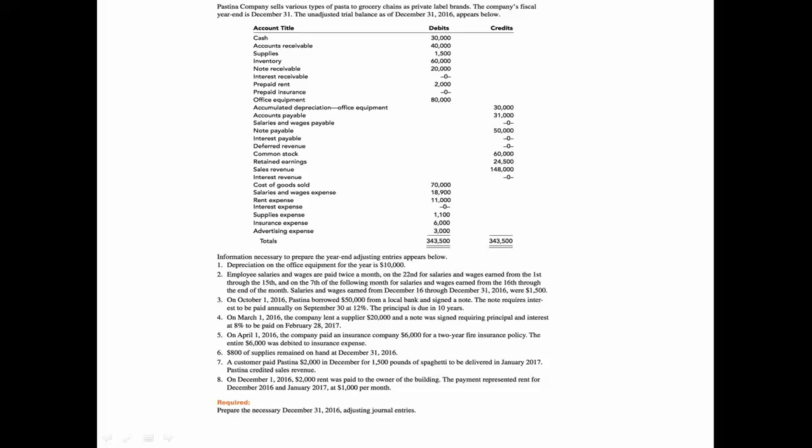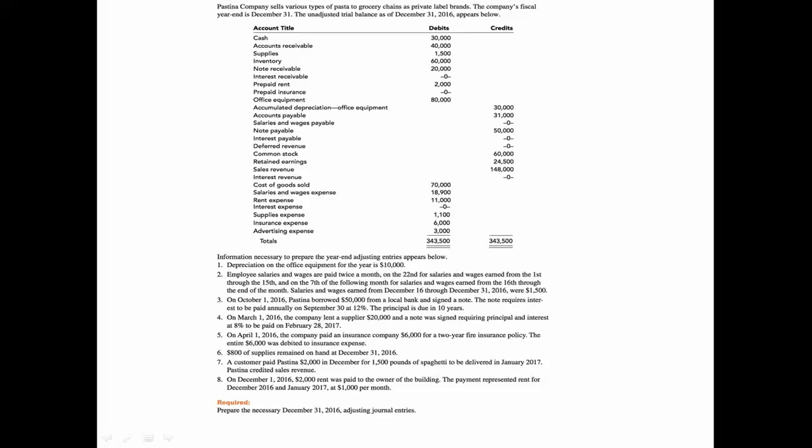So it's not rent expense. We basically have some prepaid rent here. We have prepaid rent for January because that January time period has not elapsed yet. So on the balance sheet, we're going to have prepaid rent of $1,000. So the debit is rent expense for $1,000, and the credit is prepaid rent for $1,000.